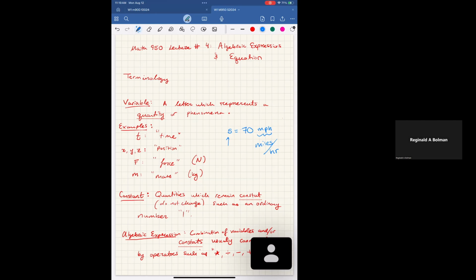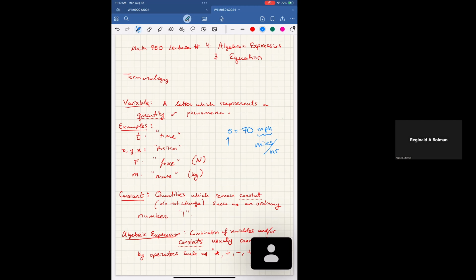But usually we're just talking about algebra in general. And so we're going to use these letters to represent numbers, but then those numbers can change. So you should think of variable as variable, meaning the letter is able to change from moment to moment based on, say, the observation.